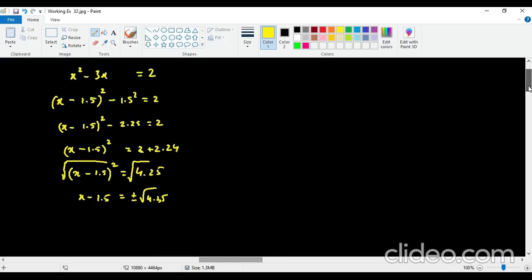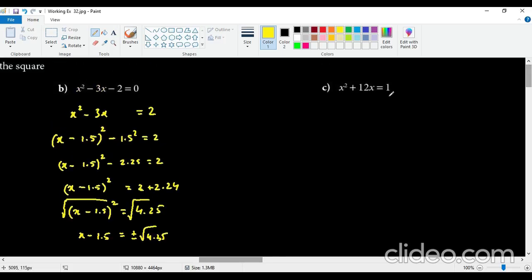And soon after this you will have two different values. x equals 1.5 plus minus under root 4.25 is going to be the answer. Two different values, one with plus under root 4.25 and the second value is going to be 1.5 minus under root 4.25.